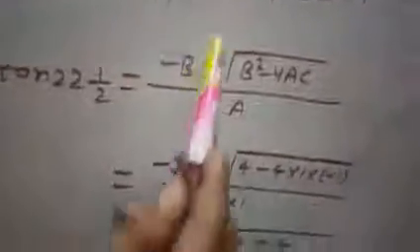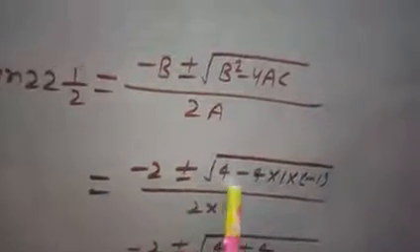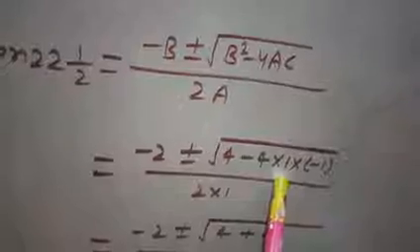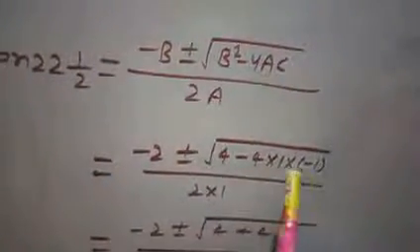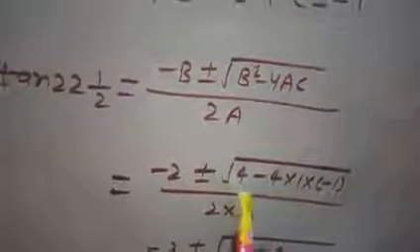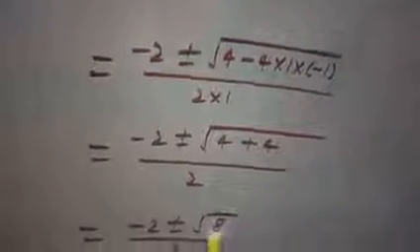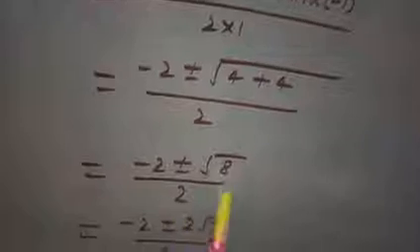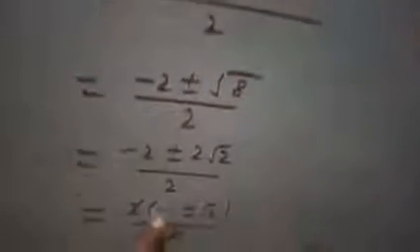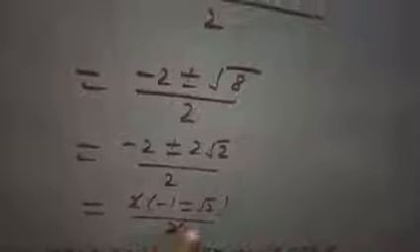So the value of B is 2, plus minus under root 4 minus 4 times A, the value of A is 1 and C is minus 1. So minus minus plus, 4 times 1 is 4, so 4 plus 4 is 8, that is under root 8. So minus 2 plus minus under root 8 by 2. Under root 8 can be written as 2 root 2. We can take 2 common. So minus 1 plus minus root 2 by 2.